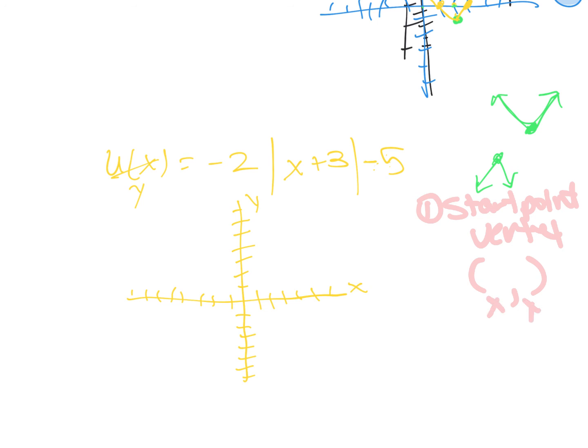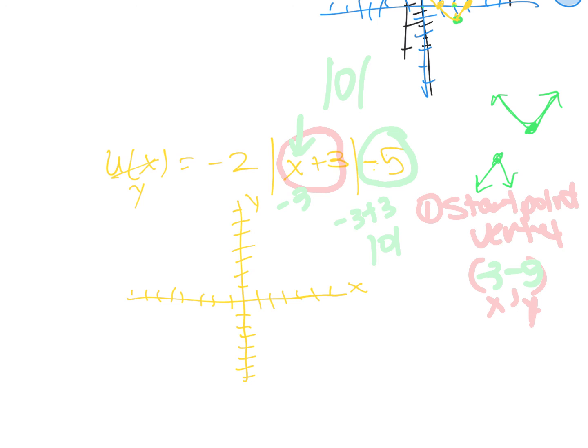Your X and your Y. So your first step here is to look inside the absolute value with the X. Your question to yourself, what value can I make X to make inside the absolute value 0? We would make this -3, right? -3 plus 3 is 0. So we're going to make this -3. Then your Y value is out here, so it's -5.